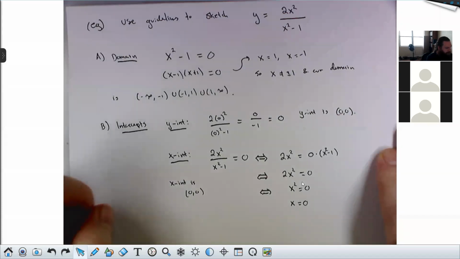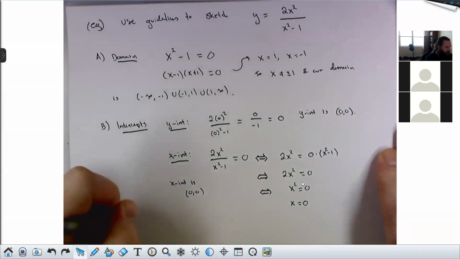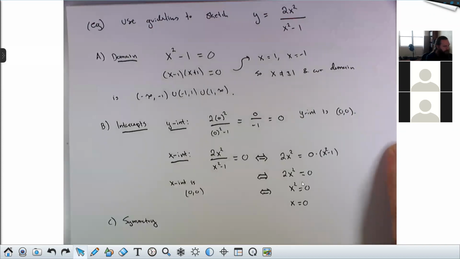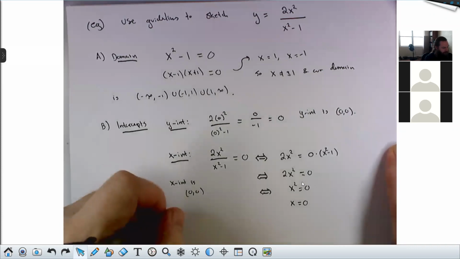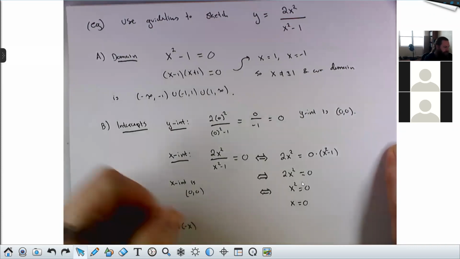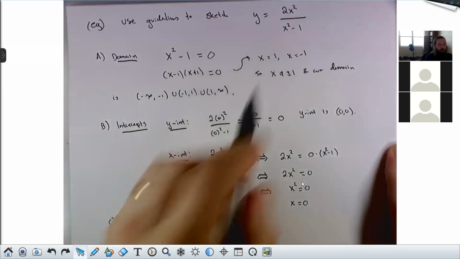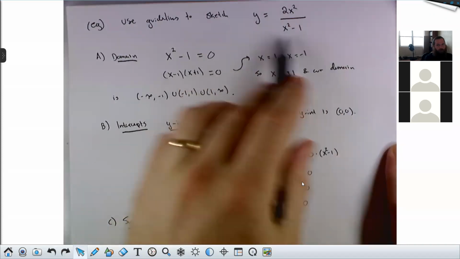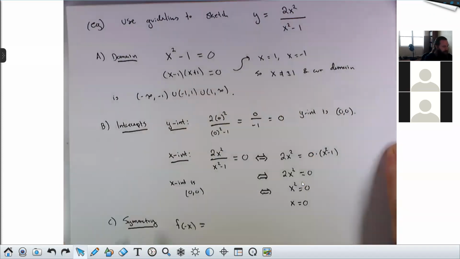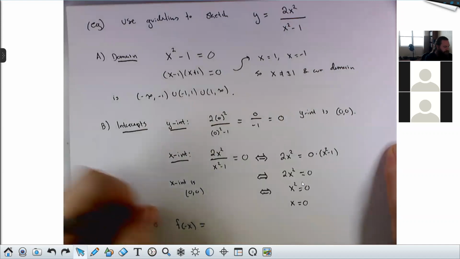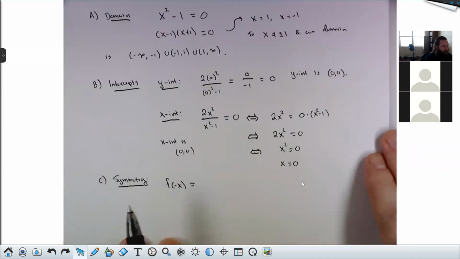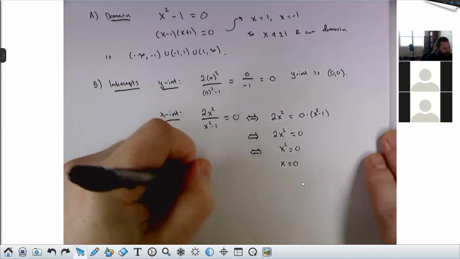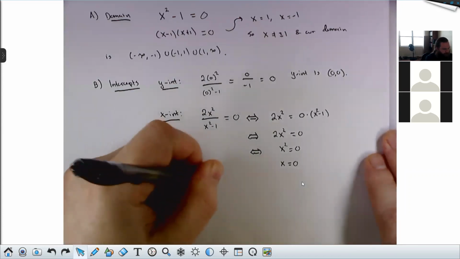The next thing we're going to look for is symmetry. Here, f of negative x, and this is the graph y equals f of x is this thing. To find our symmetries, remember what we do is we swap in negative x for x and see what happens, see if we can simplify it to either the original or the negative of the original.